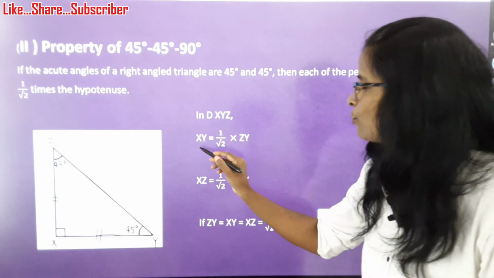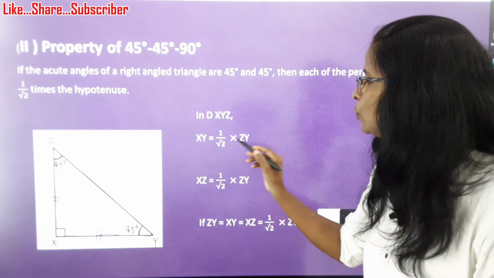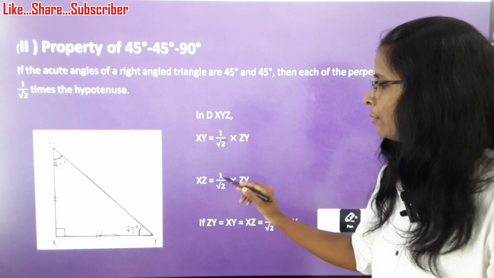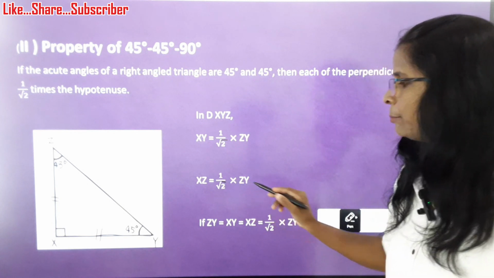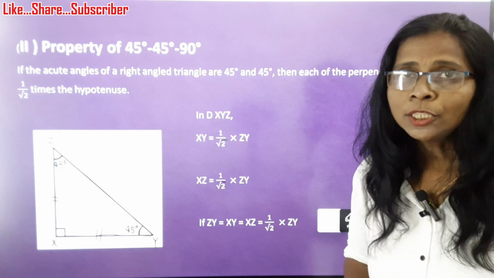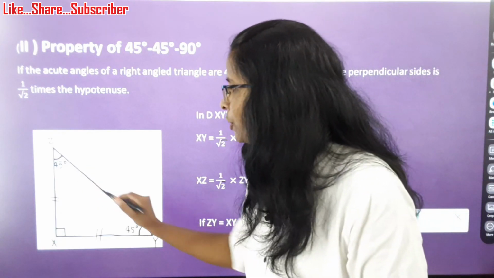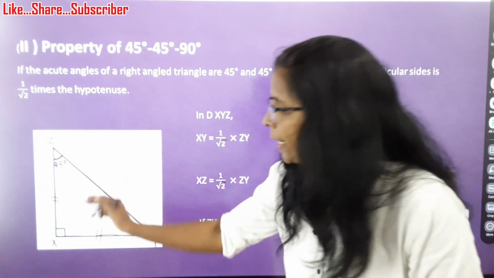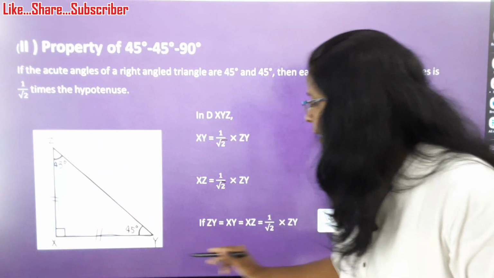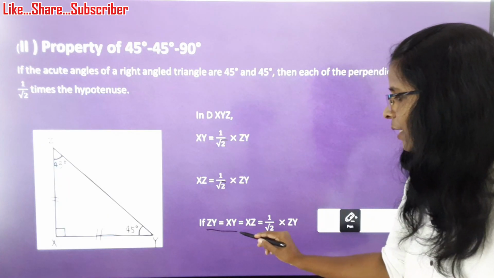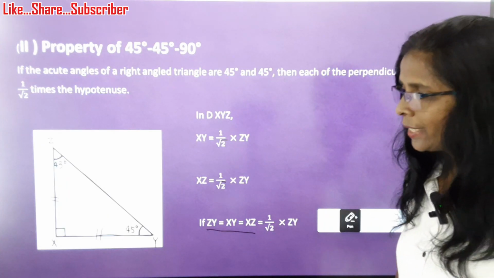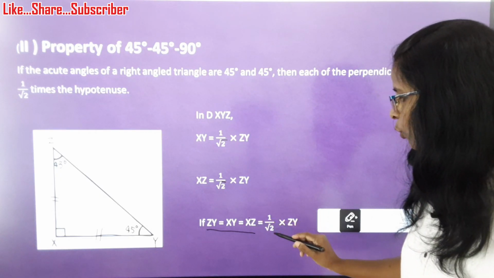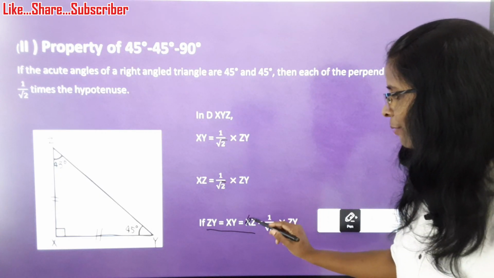That means XY is equal to 1 upon root 2 ZY, and XZ is equal to 1 upon root 2 multiplied by ZY. Because the angles are 45 degree, their opposite sides are congruent. So ZX is equal to YX, which is equal to 1 upon root 2 into ZY.